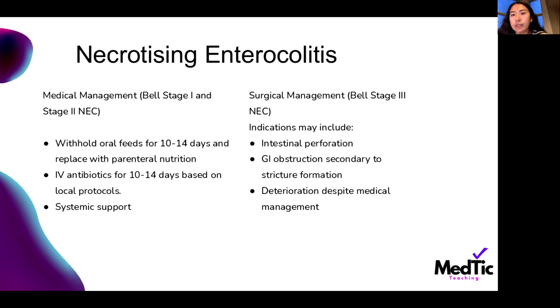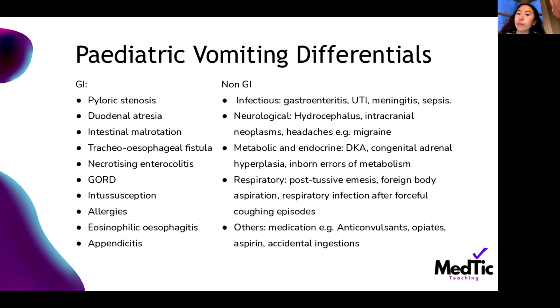And so my next section here is basically talking about vomiting differentials, and this will be useful for the next few questions as well. So excuse the maybe overwhelming slide here, but basically this slide is just here to show you that it could be so many different things. So obviously there's GI causes in themselves, but then there's also loads of non-GI causes that could cause vomiting.